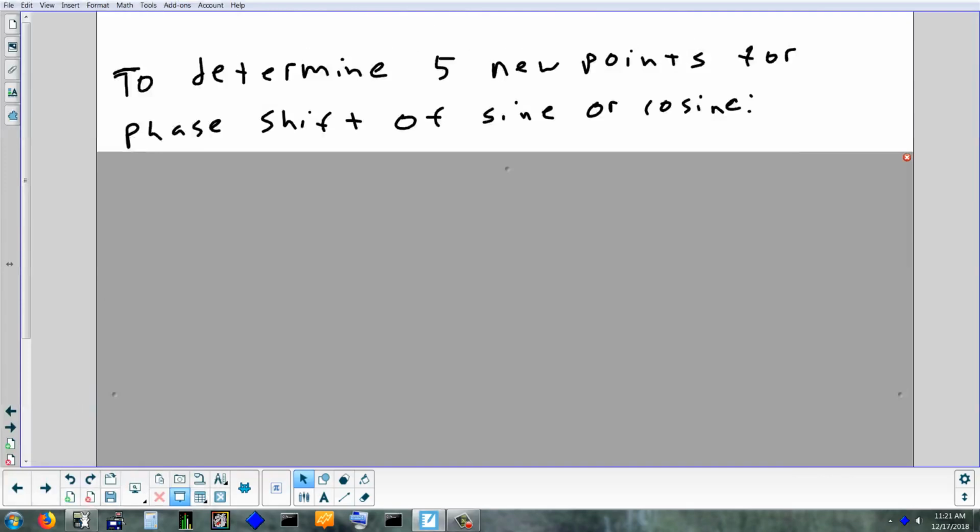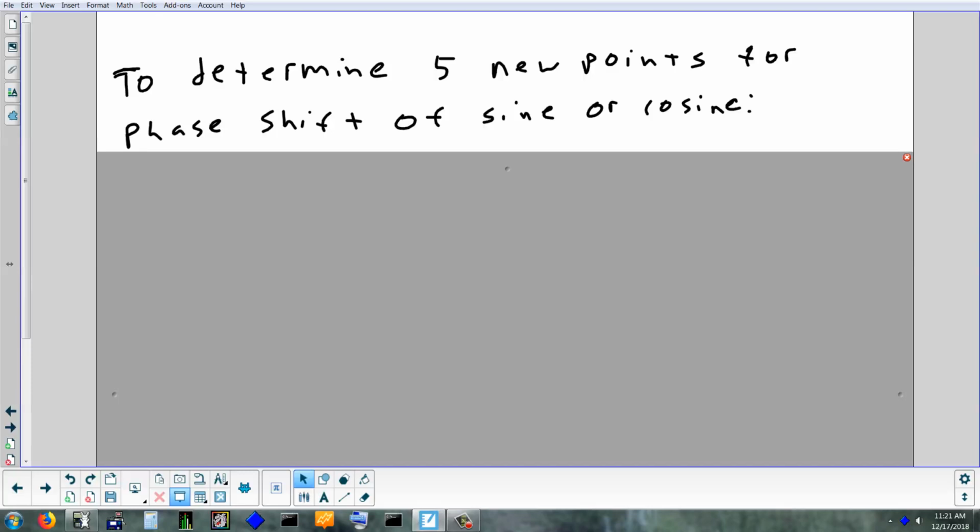All right, so we've got those two original tables. How do we adjust those tables once you do a phase shift? Well, let's think about what's changing. You have x values and you have y values. If you move left and right, does that affect the x values of a coordinate or the y values?